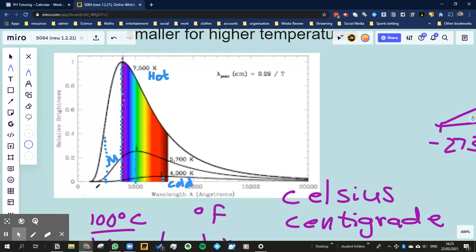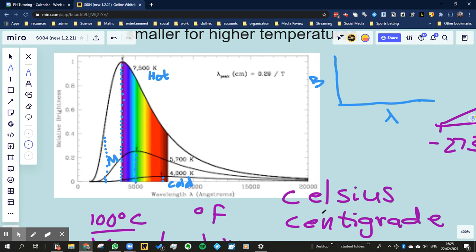Okay. So, let's imagine that we just had one thing where we want to know how the brightness, so it's the brightness along the y-axis, compares with the wavelength for this particular substance.